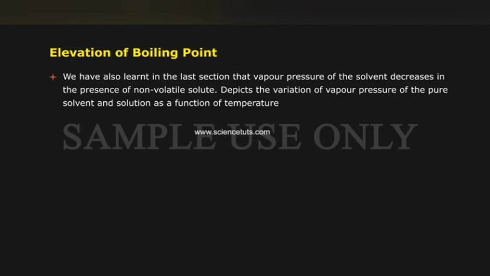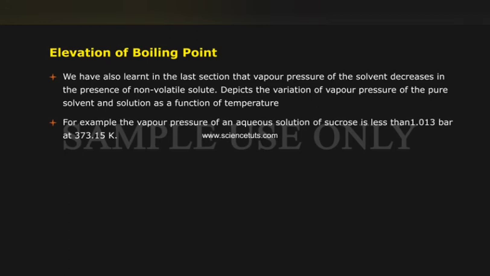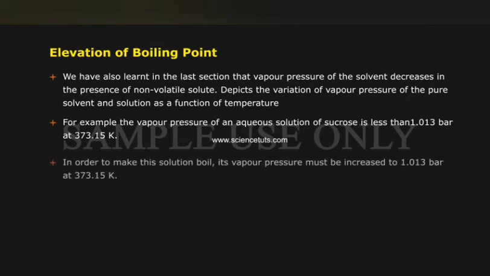The figure depicts the variation of vapor pressure of the pure solvent and solution as a function of temperature. For example, the vapor pressure of an aqueous solution of sucrose is less than 1.013 bar at 373.15 Kelvin.